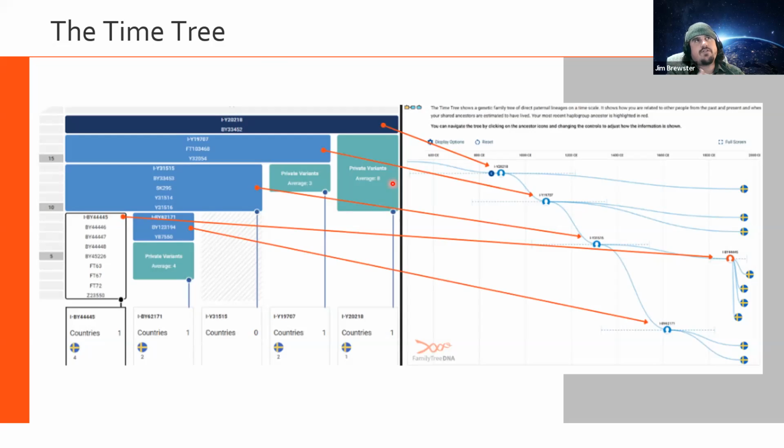When haplogroups first started to be discovered, they came out with a string of letters and numbers. For example, you had the R haplogroup, and then you started finding separations within the R haplogroup. And so then you had R1 and R2. And then within R2, you found more separations.